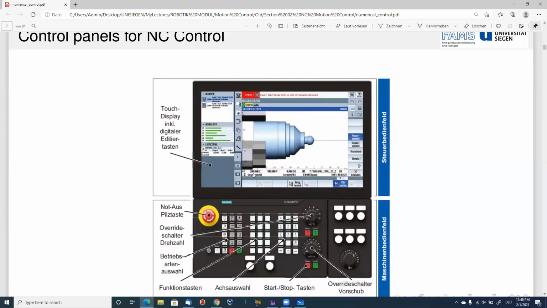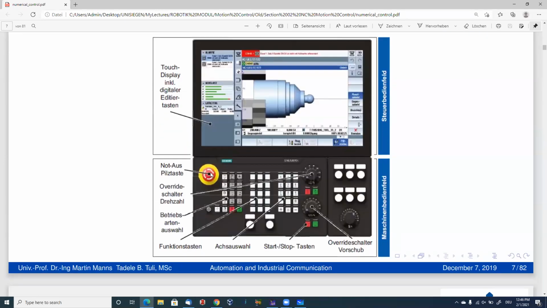For example, this is one of the screens for the CNC control. Here you have buttons for emergency, and we have codes for speed, for starting, and for controlling.